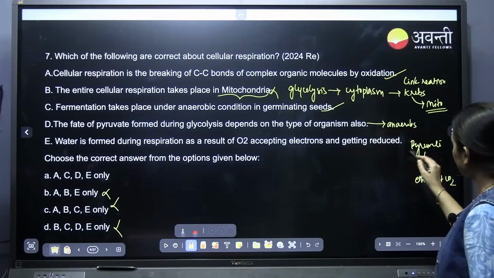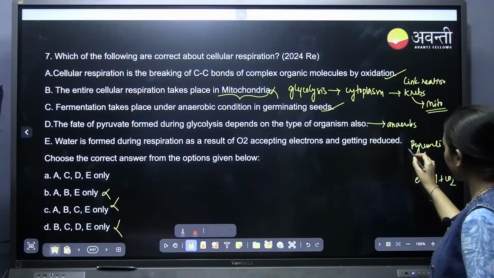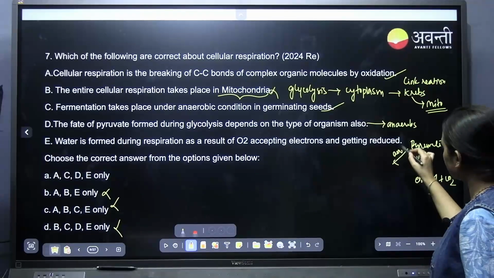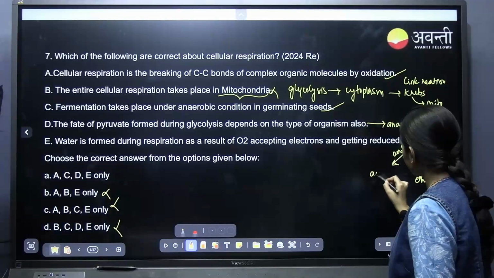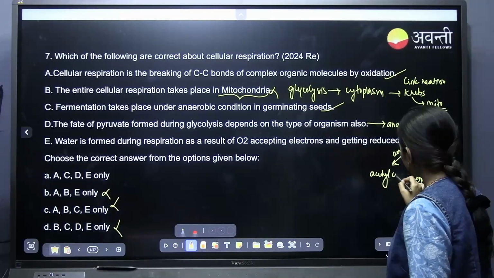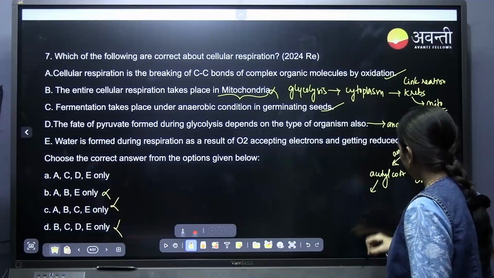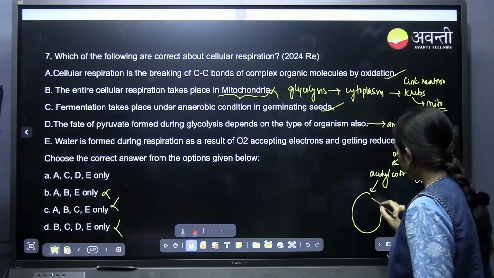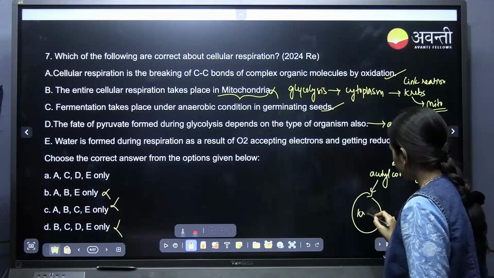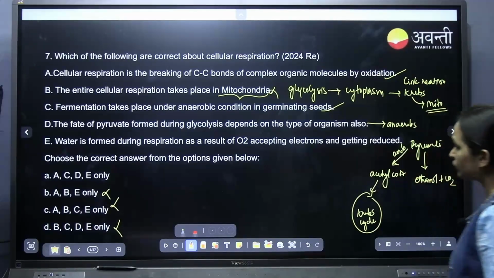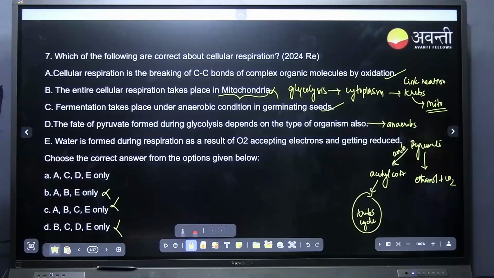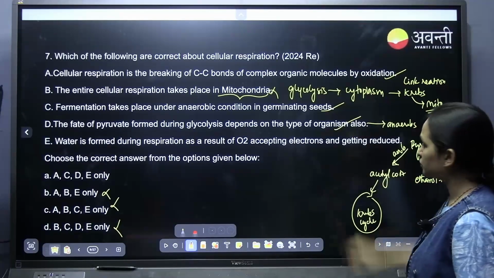If they are aerobes, the pyruvate will be converted to acetyl CoA in the link reaction, and it will enter the Krebs cycle. So yes, it depends on the type of organism, whether aerobes or anaerobes. So this is also correct.